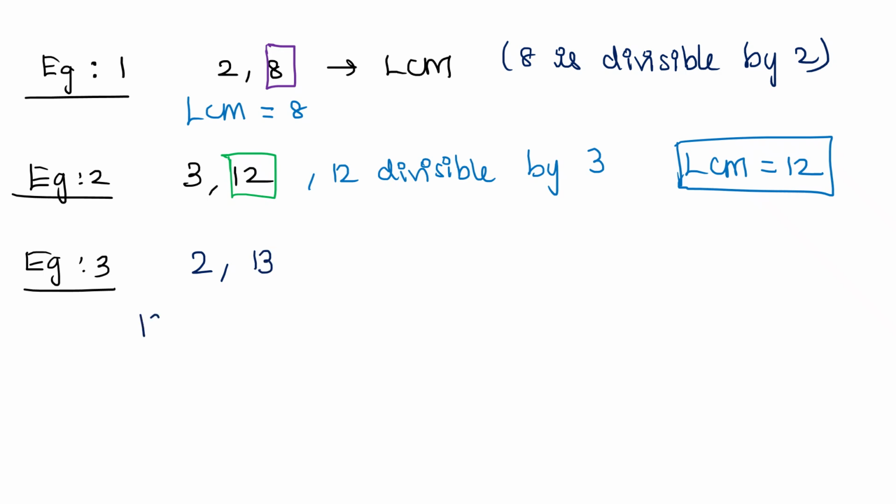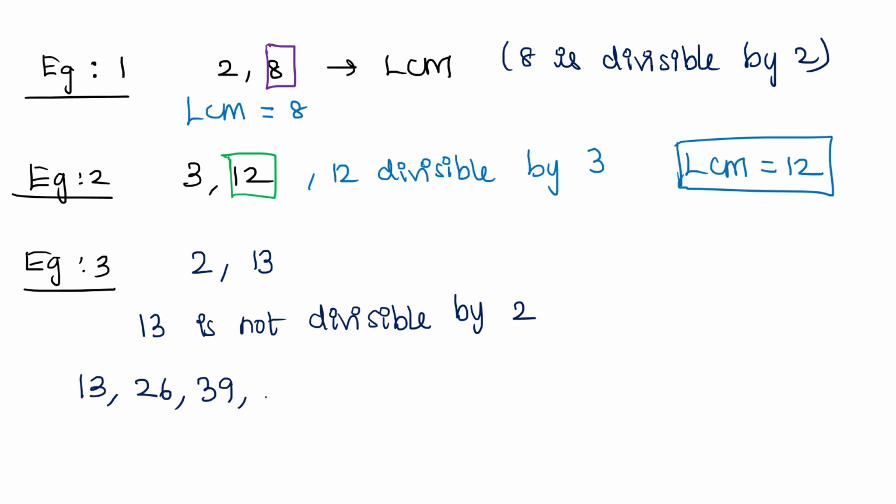Now we have seen another case, right? If it is not divisible, we write the multiples of the bigger number. 13 is not divisible by 2, so write the multiples of 13. Otherwise, you can check out the video for the secret technique of the 13 table. So 13, 26, 39, it will go on.